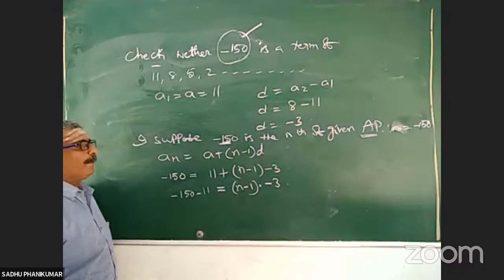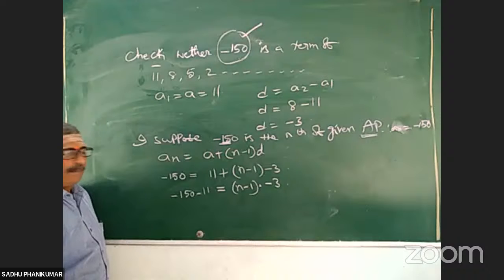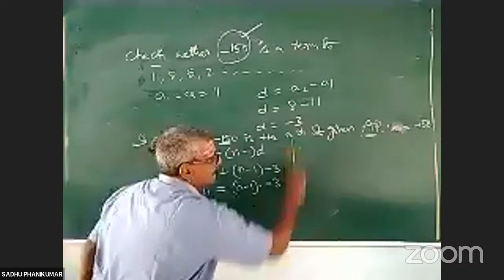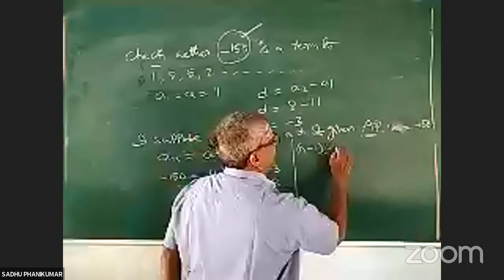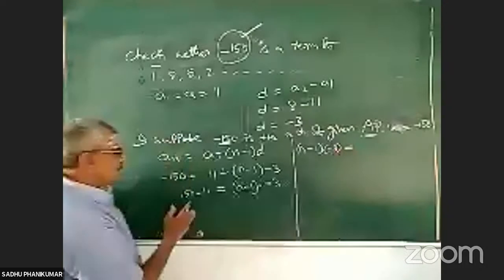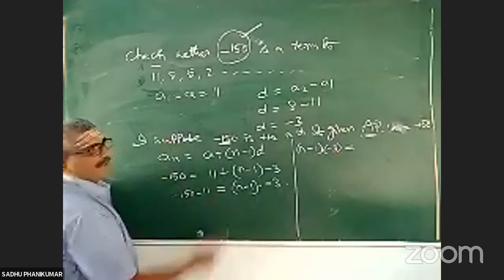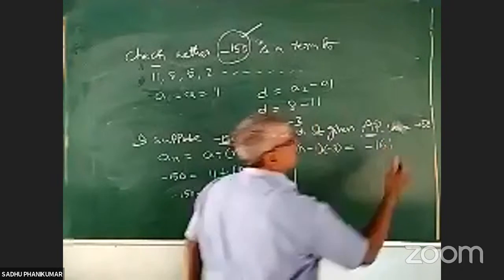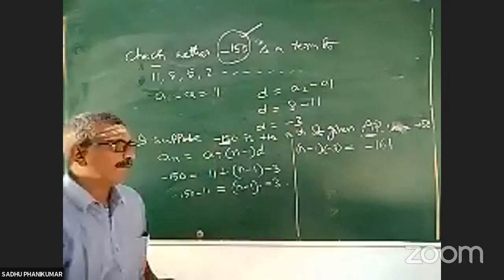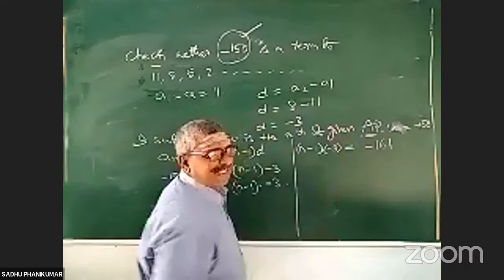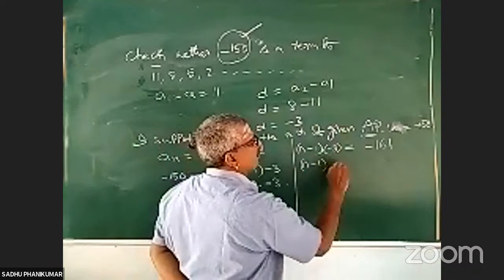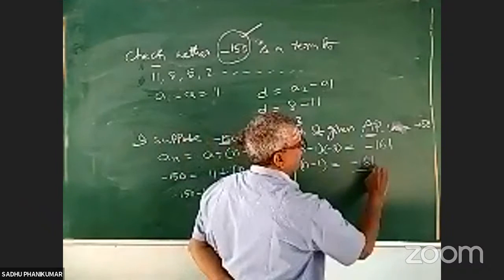Both are minus symbols. So what we will get: n minus 1 into minus 3 on the left side is equal to minus 150 minus 11, that is minus 161. Both are negative symbols. So take this minus 3 to the other side. N minus 1 is equal to minus 161 by minus 3.